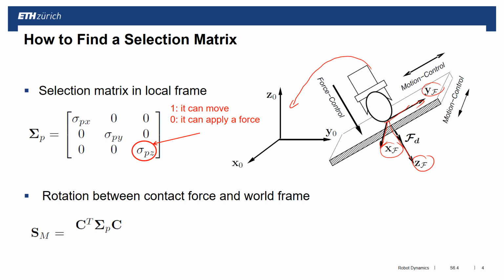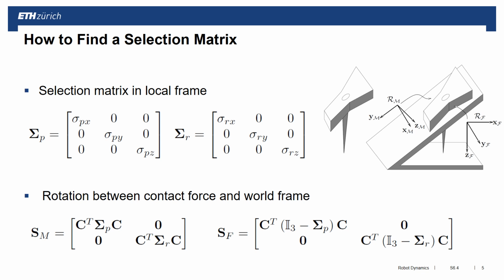You have to do this for both the position selection matrix and the force selection matrix. So we have the position one, in which directions I can control the position, versus this one, which is essentially the selection matrix in the directions I can control the forces. So this is essentially for the forces.